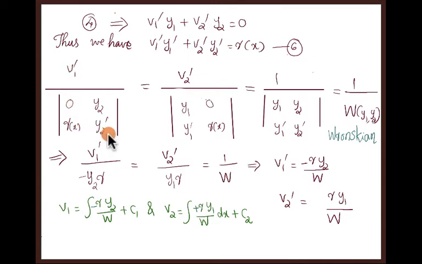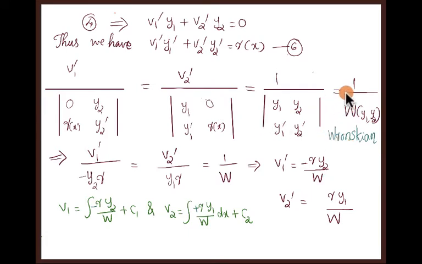v1' divided by this determinant is equal to v2' by this determinant and is equal to 1 by the determinant of y1 y2, y1' y2'. This determinant is known as the Wronskian of the functions y1 and y2.